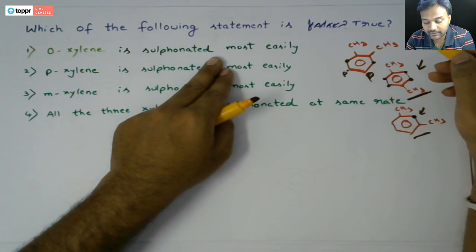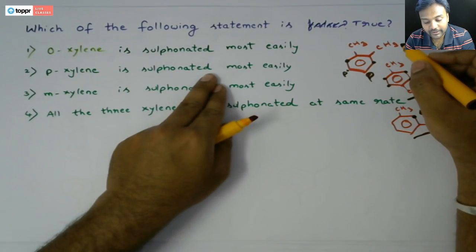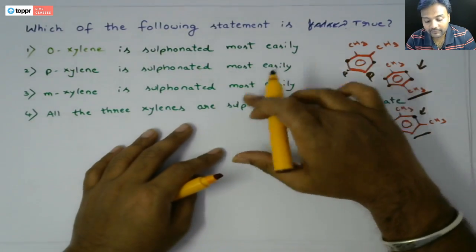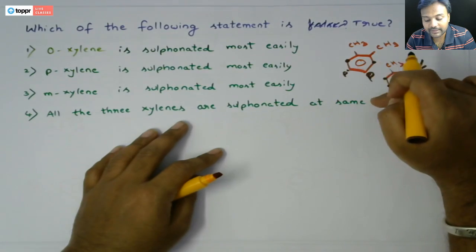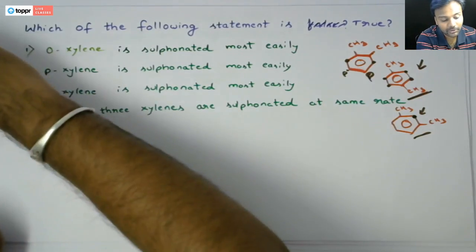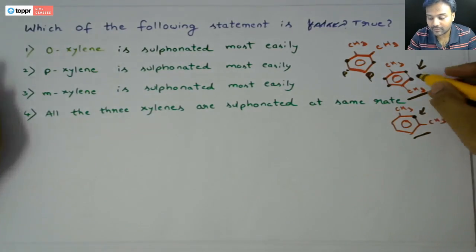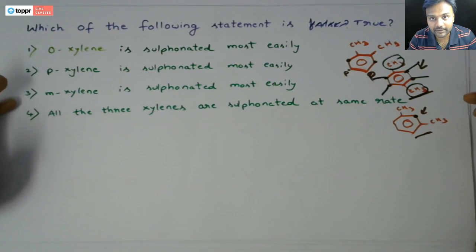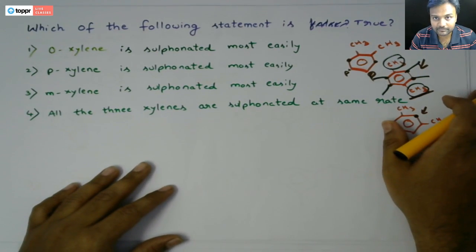This will be orthoxylene. And paraxylene is sulfonated most easily. Metaxylene is sulfonated most easily. No. Usually all the three xylenes are sulfonated at the same rate, irrespective of the positions where they are. If at all there is presence of any bulkier groups like tertiary butyl groups, then in that case it may differ.